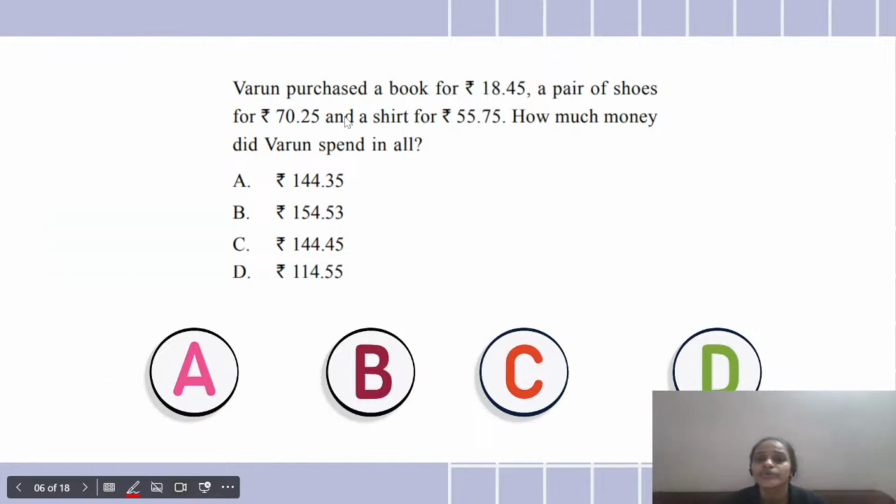Varun purchased a book for rupees 18.45, pair of shoes for rupees 70.25, and a shirt for 55.75 rupees. So in all, how much did he spend? This should not be that difficult to find out.